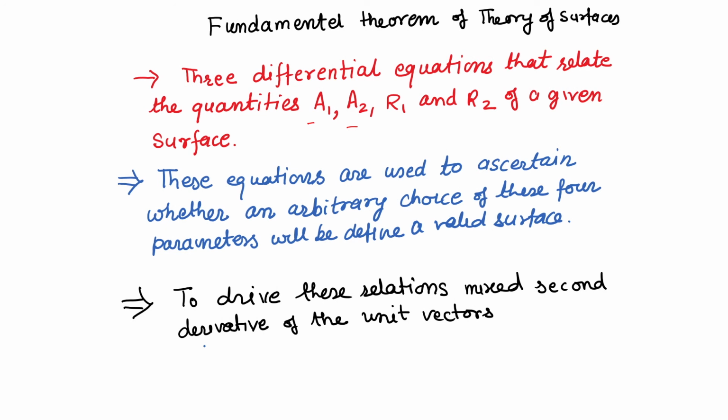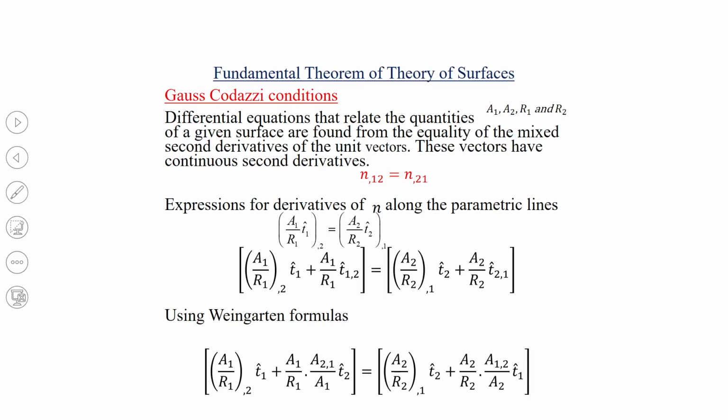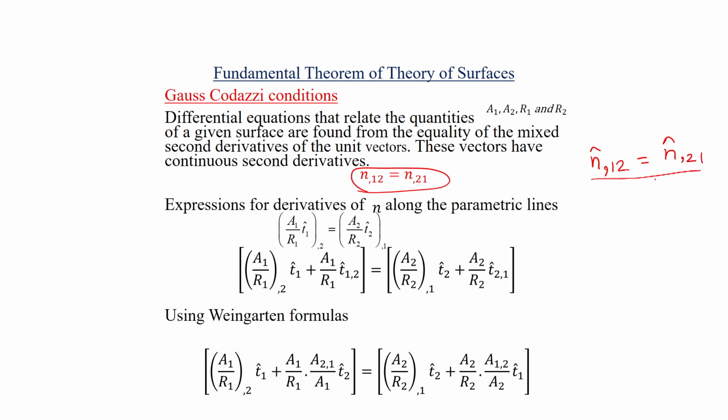or a real surface. So, to derive these relations we are going to use the second mixed derivative of unit vectors. So, to derive the Codazzi equations we are going to use this relation, that the mixed derivative n comma 1 2 is equal to n hat comma 2 1. So, we can say that n hat comma 1 derivative 2 equals n hat comma 2 derivative 1.